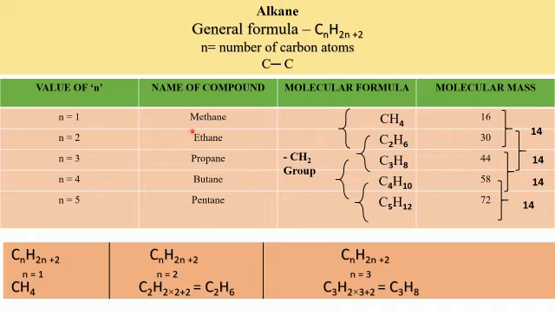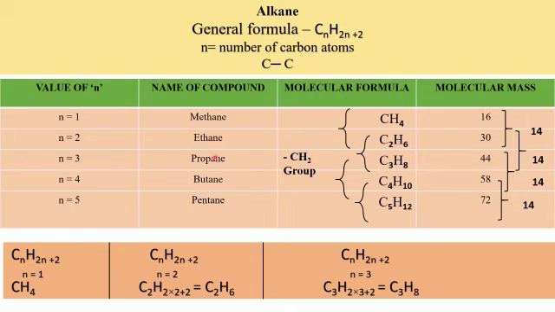So this is what is observed here, and we can consider this to be a homologous series of alkane because they have got a common general formula, and they have got similar chemical properties also because they are all saturated hydrocarbons with single bond. So they can also be called a homologous series of alkanes with same general formula and similar chemical properties.